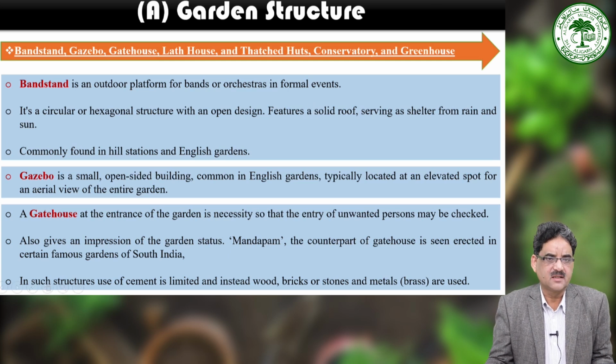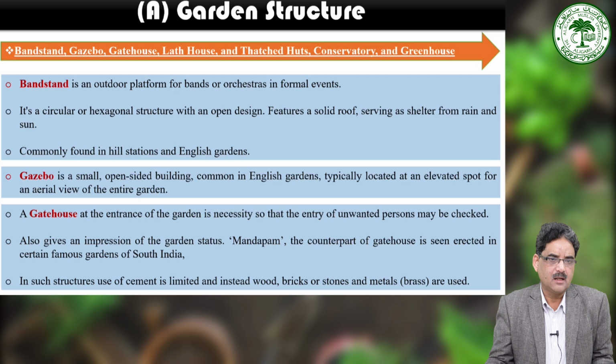Other features under garden structures include the bandstand, gazebo, gatehouse, lath house and thatched huts, conservatory and greenhouse. Speaking in literal terms, the bandstand is an outdoor platform for a band or a small orchestra to perform on, especially in formal receptions and other ceremonies.